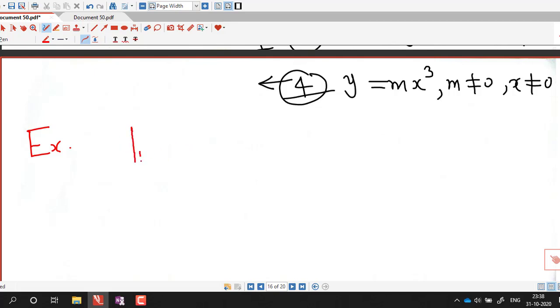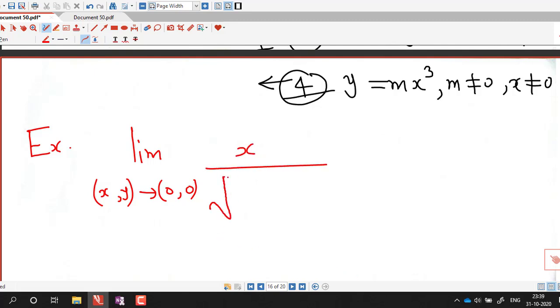So we consider this limit: the limit as (x, y) tends to (0, 0) of x over square root of (x square plus y square).